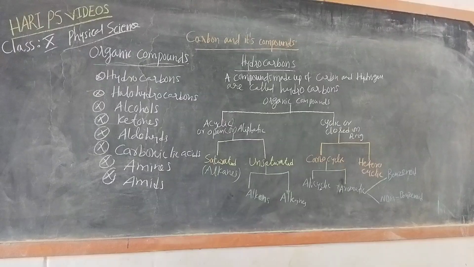Here we'll discuss hydrocarbons, which are called alkanes, alkenes, alkynes, and the homologous series. Along with alkanes, alkenes and alkynes, I will explain the homologous series and how we give names to these compounds.